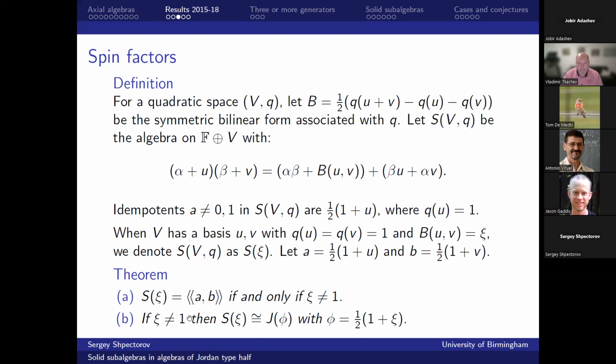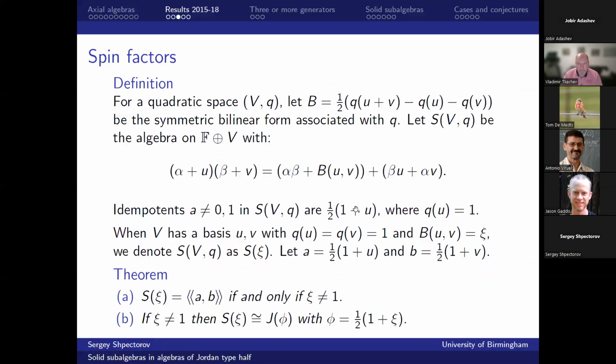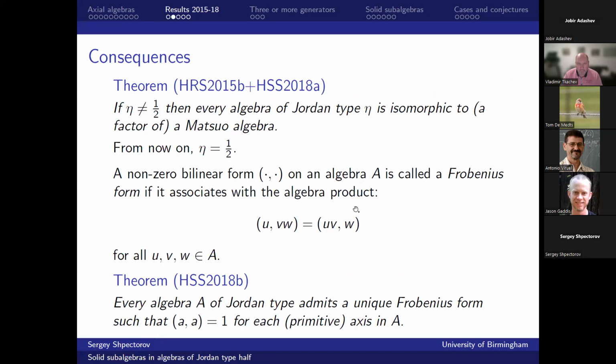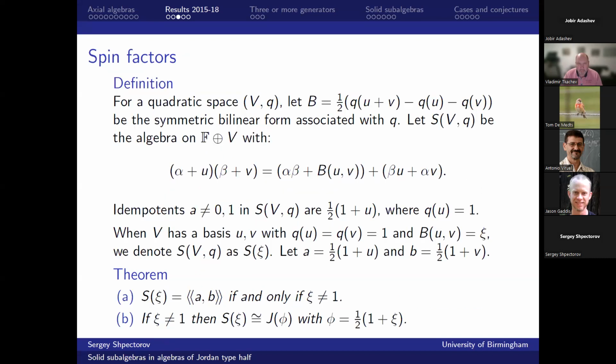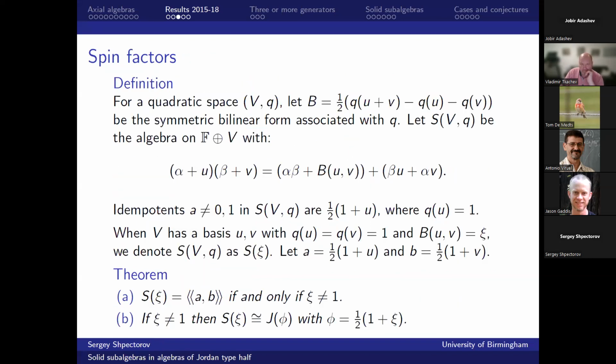And exactly the same exception eliminates one more difficult case, but in all other cases, this algebra is in fact isomorphic to our algebra J of phi, the one which we discussed here.